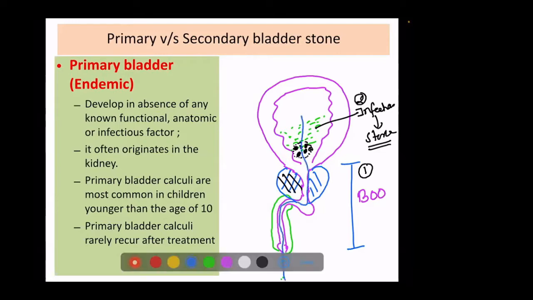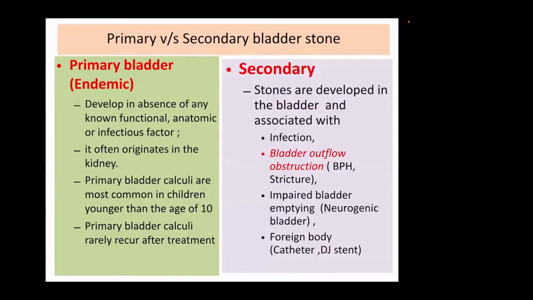If there is a catheter here for a longer period of time, then the crystals found in the urine will attach to this foreign body and form stone. So secondary stones are those formed inside the bladder due to other causes like bladder outlet obstruction, foreign body in the bladder, or an infection. So this is how we can classify the bladder stone according to mode of formation.